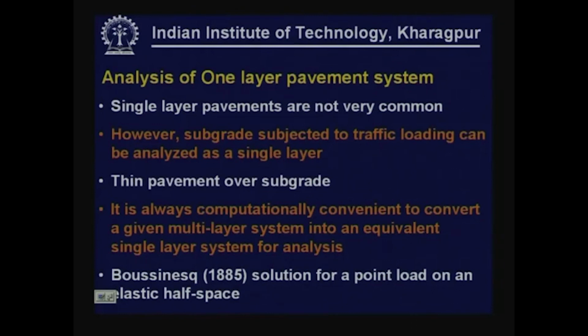Also, when you have a very thin layer of pavement placed over subgrade, if we ignore the contribution of the thin pavement, then both layers together can be approximated as a single layer, and that can be analyzed as a single layer.